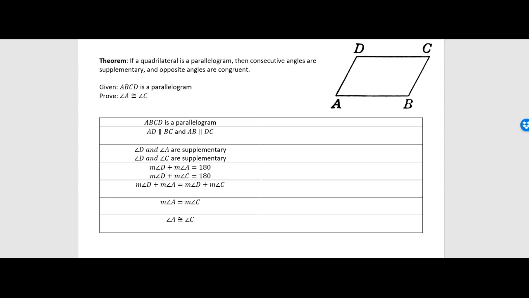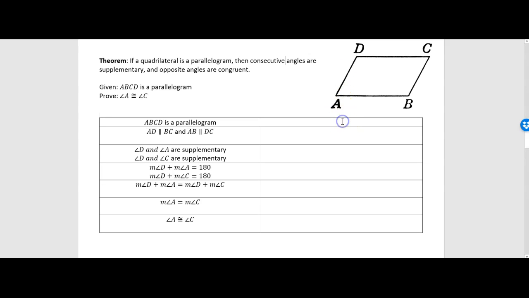So if I look at my figure, consecutive angles to A could either be D or B. A and B would be considered consecutive, and A and D would also be considered consecutive. So we're going to prove that consecutive angles, regardless of which ones they are, are going to be supplementary inside of a parallelogram. Okay. Again, pause the video, try this on your own, and then come back and see how many of these you got right.